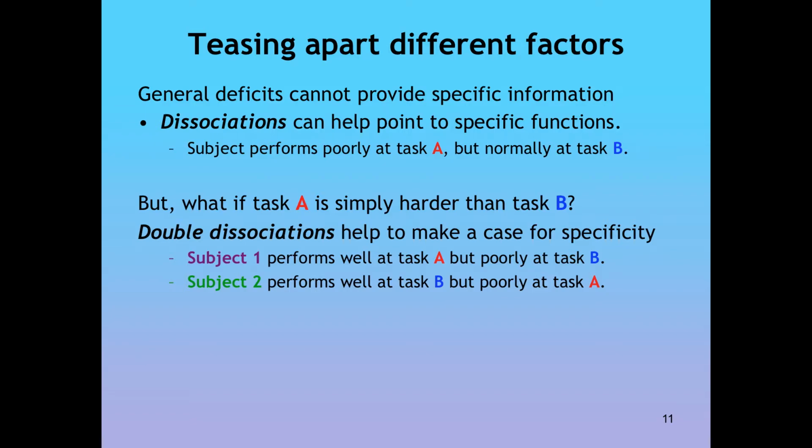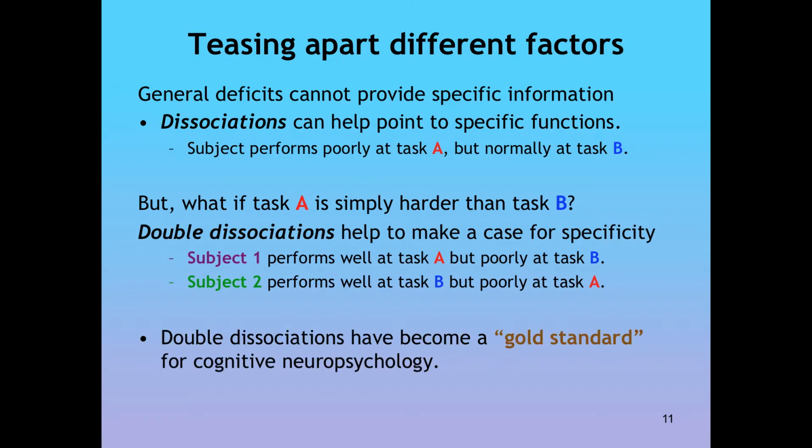So take two people who have two different brain lesions and have them each perform task A and task B. If one subject performs well at task A and poorly at task B, and the other one performs well at task B and poorly at task A, then we can start to narrow down possible functions of these missing brain regions that they have. And such techniques are considered gold standard in cognitive neuropsychology these days. So this is the ideal scenario.